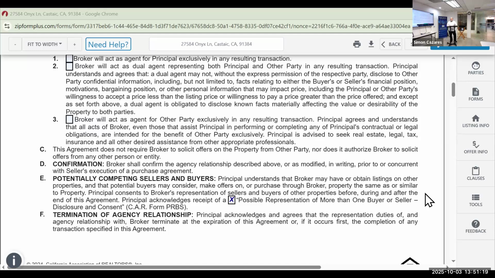This agreement does not require broker to solicit offers on the property from other parties, nor does it authorize broker to solicit offers from any other person or entity. Confirmation: broker shall confirm the agency relationship described above or as modified in writing prior to or concurrent with seller's execution of the purchase agreement.